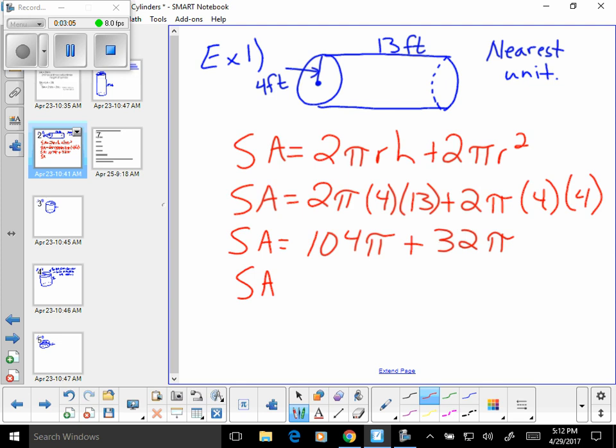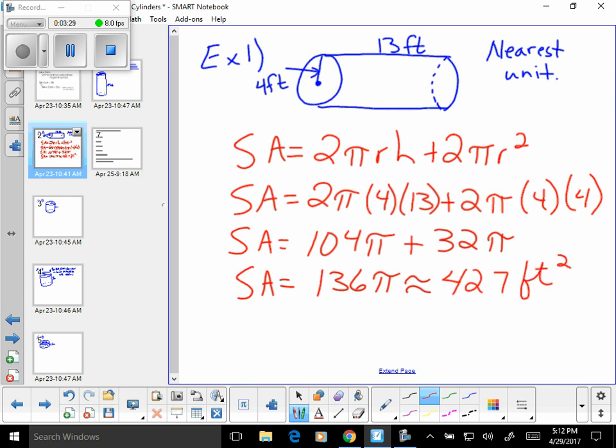Then we will add and get 136 pi. This is where you will now simplify. You will take your calculator, take 136 times the pi key, make sure you round off to the nearest unit, which means the ones place. We will get 427 feet squared.